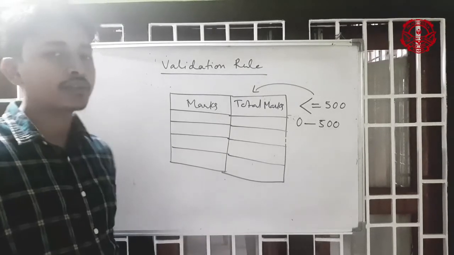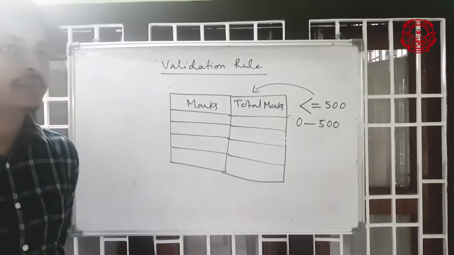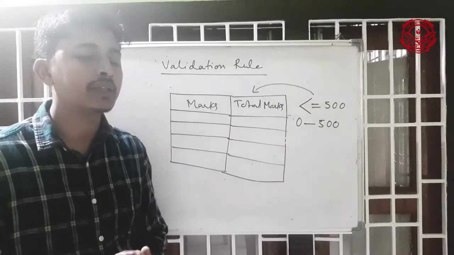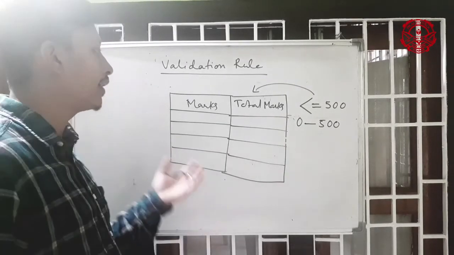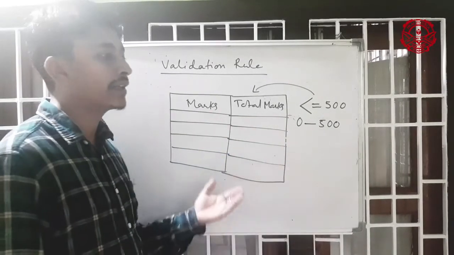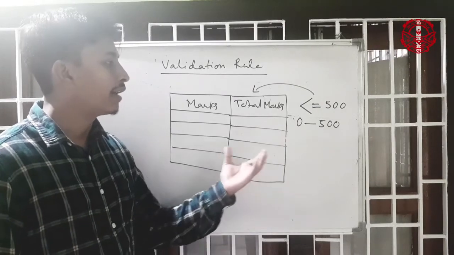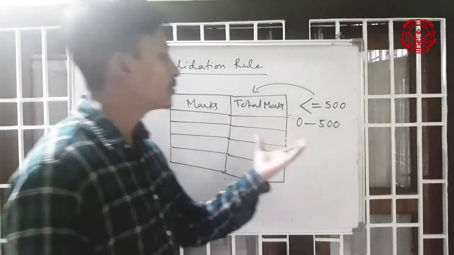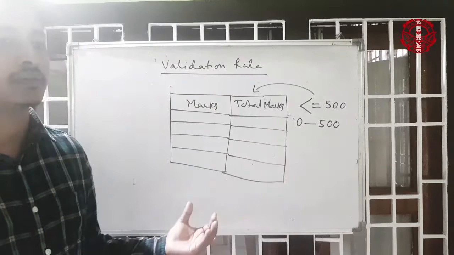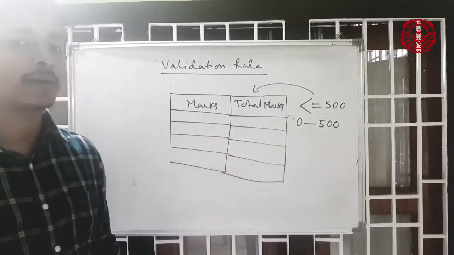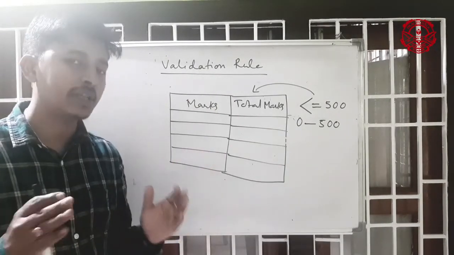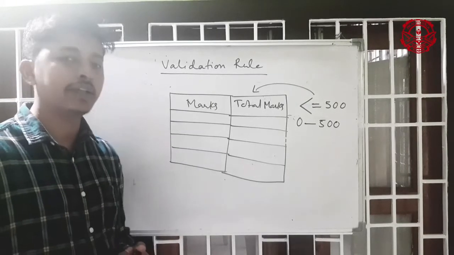The steps are very important, and sometimes in examinations the steps come. For example, write the steps to validate a field, like the marks should be between 0 and 100. At that time you have to write the steps. So read the steps very carefully.